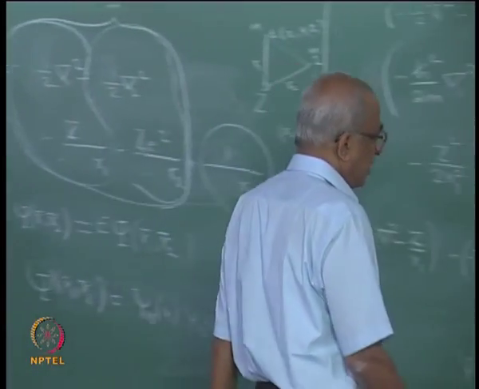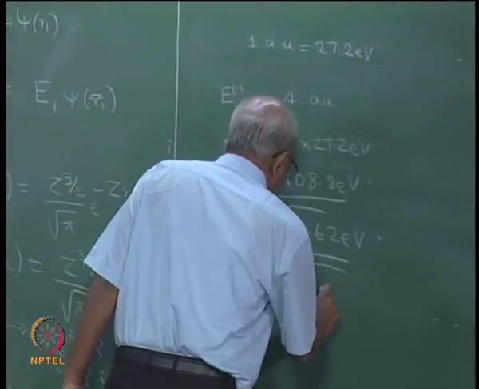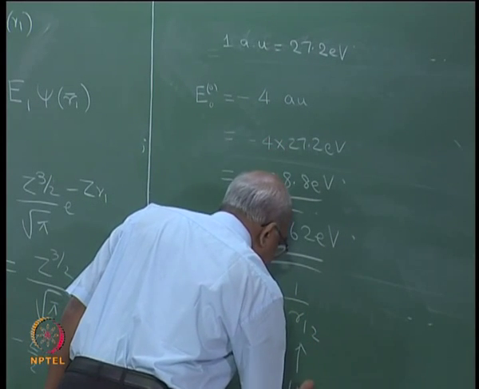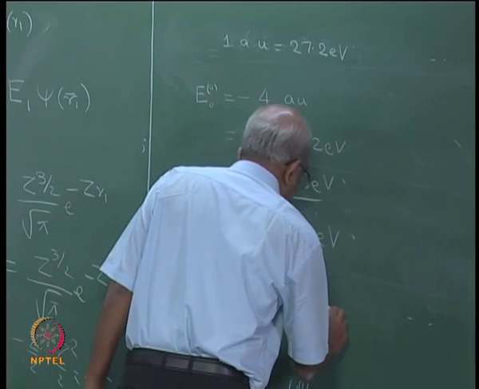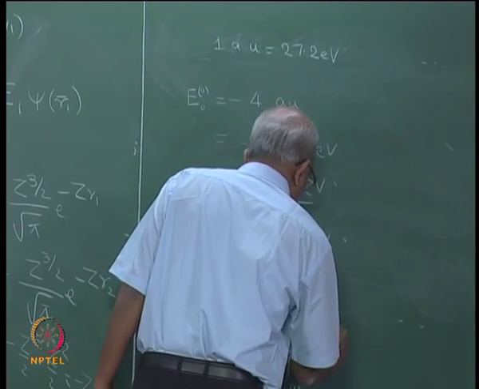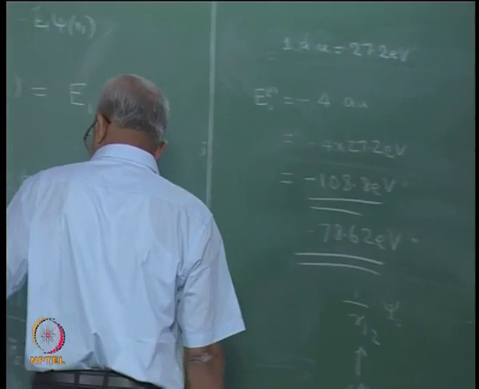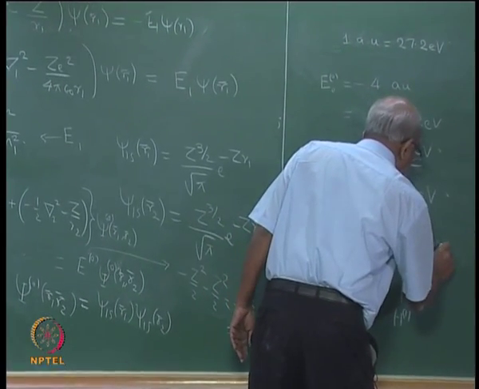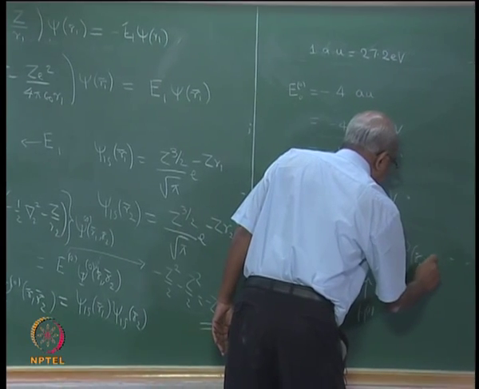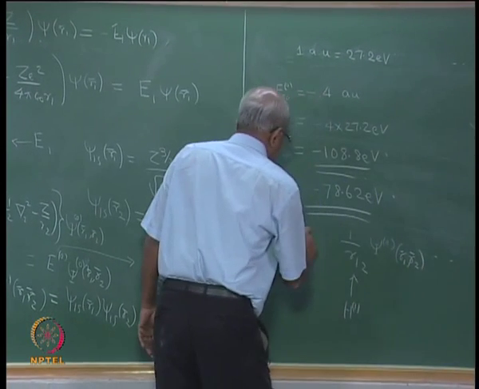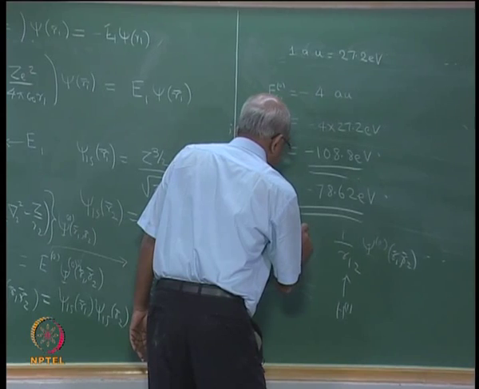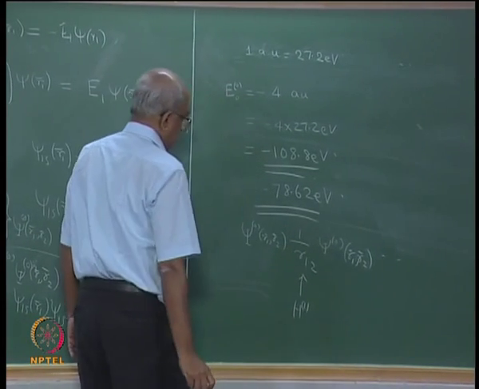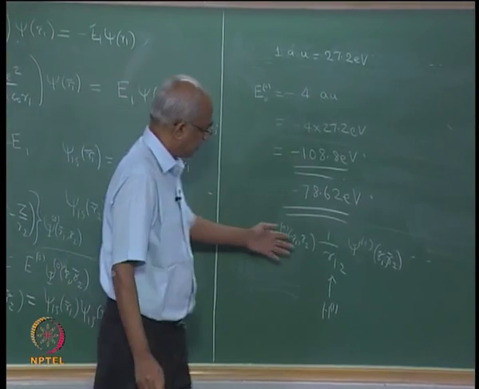So what you will have is 1 by R12, that is the disturbance, this is your H1, and this has to be multiplied by psi 0 of R1 R2 and psi 0 of R1 R2. Remember this is the ground state of the system.